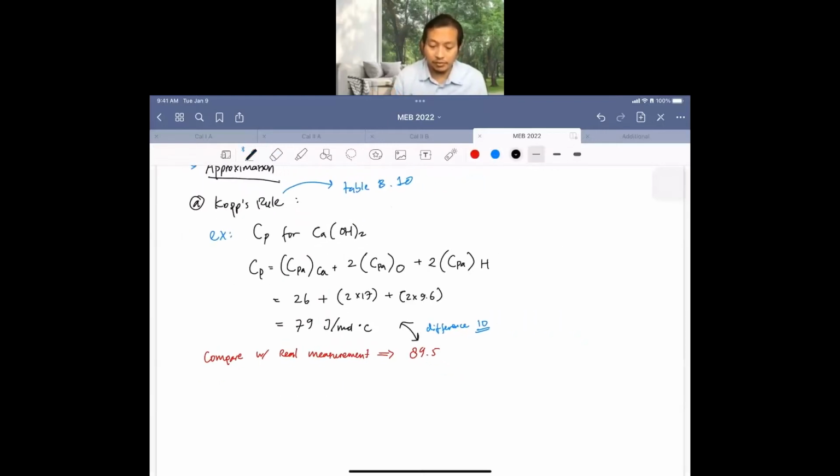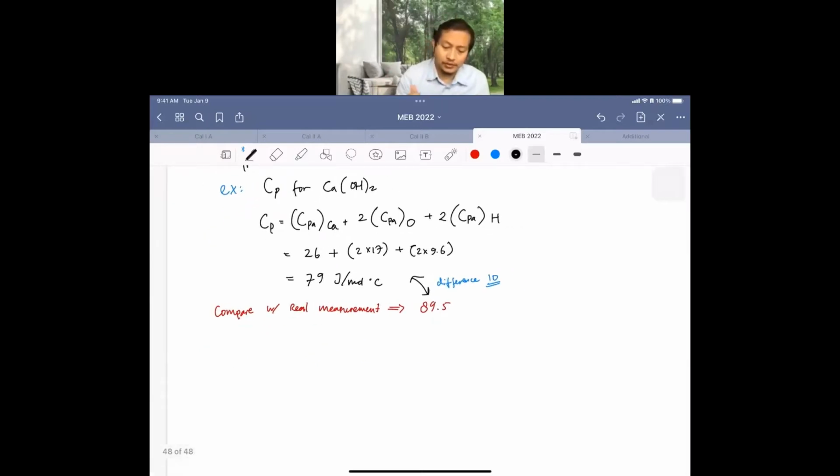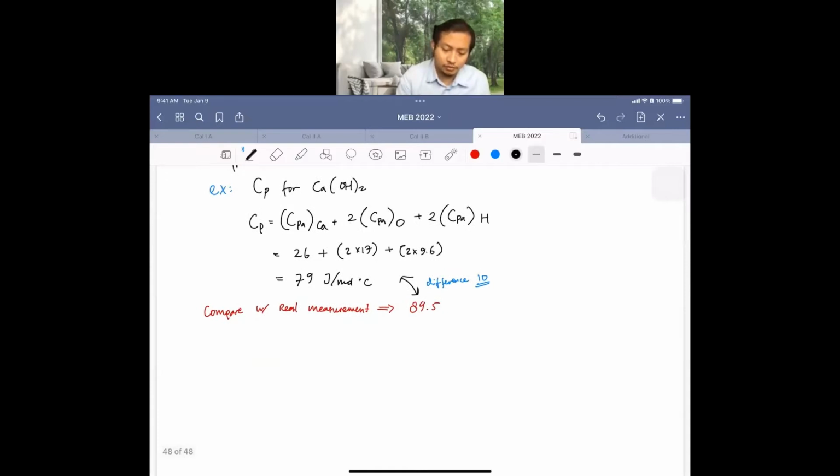So first is Kopp's rule. They are basically based on breaking down each element, and each element has its own heat capacity, and we can measure through each of them. If you want some simplification, I think 79 is still okay for some applications, but the difference is just 10 joule per mole.